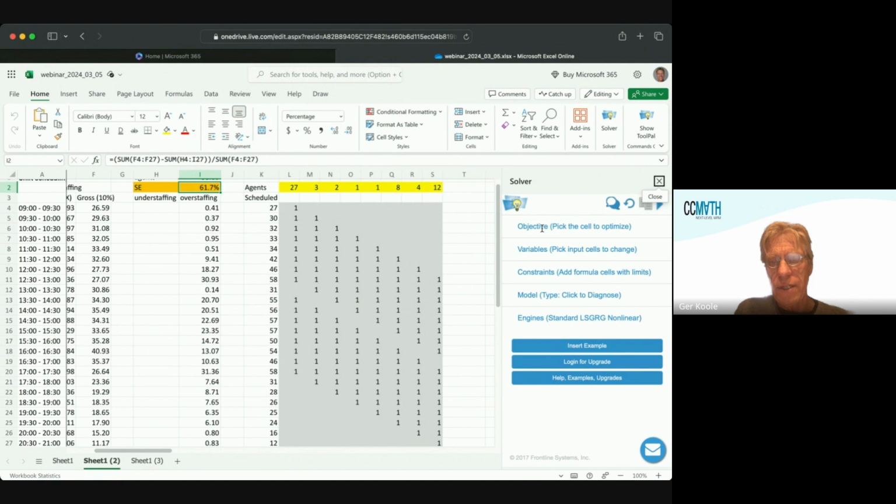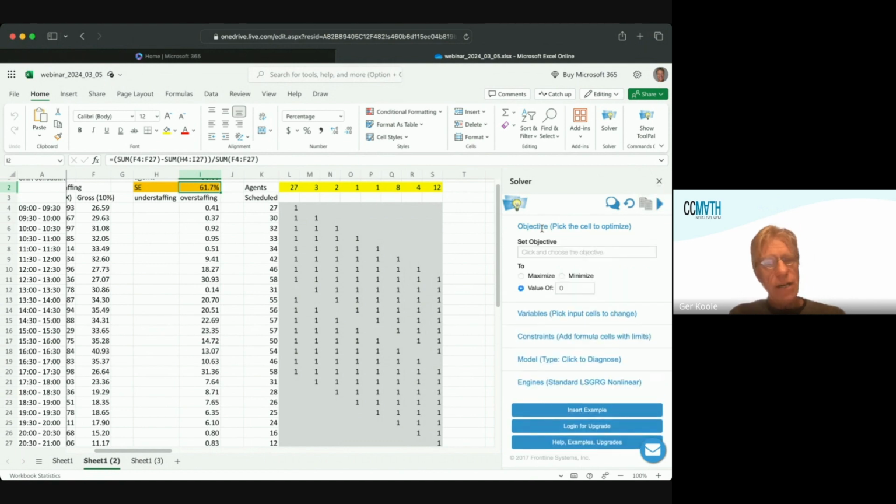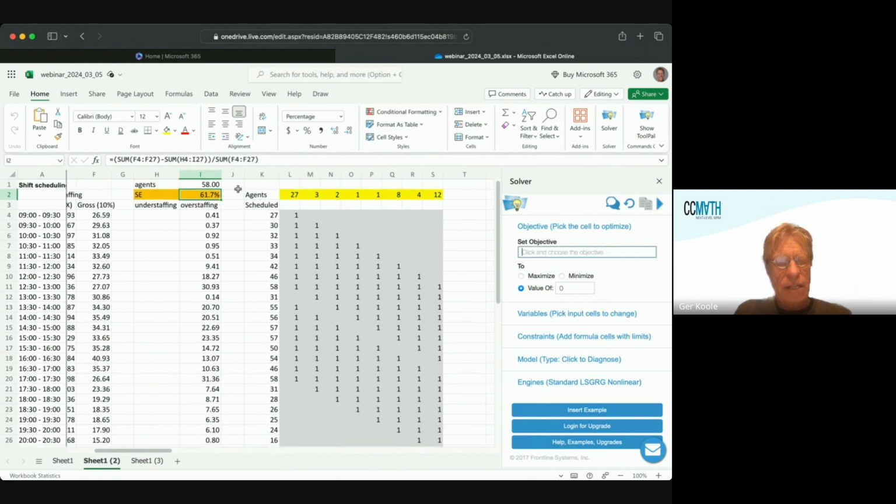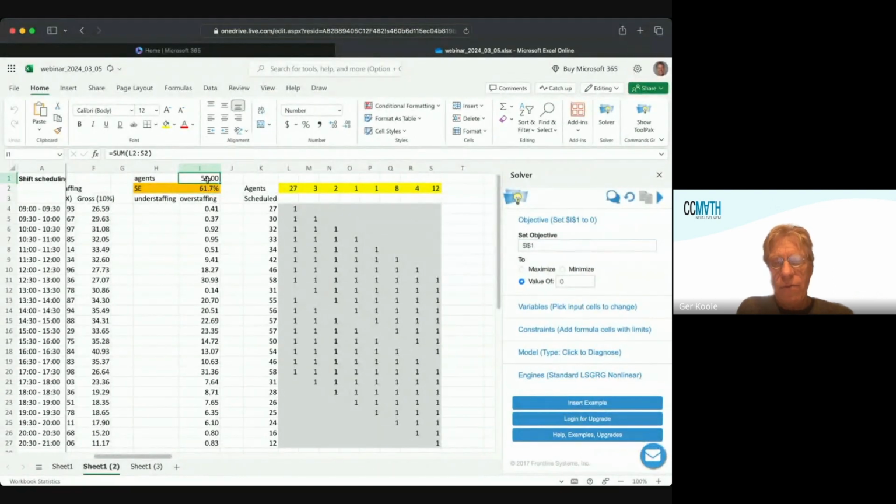Okay, let's go to this solver. And we're going to do exactly the things we had to do. So we have to set the constraints, objective, and variables. Here it says, let's start with the objective. Why not? So the objective, as we said, was minimizing the number of agents.